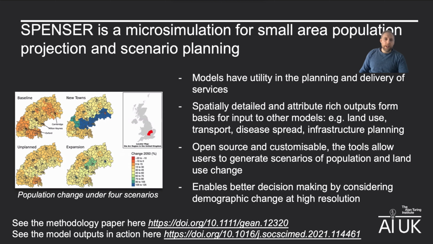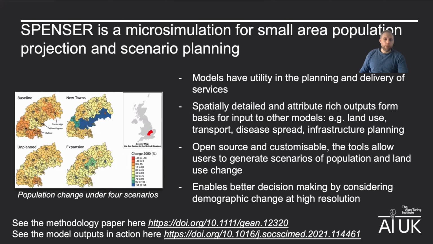So one of the key advantages of the models that we've produced as part of SPENSER is that they are open source models, they're customizable. So what we do is we provide the tools that allow users to generate scenarios of population and land use change. So while we've used these models in different application areas, there is a lot of scope and potential for users to customize them and do as they please with them.